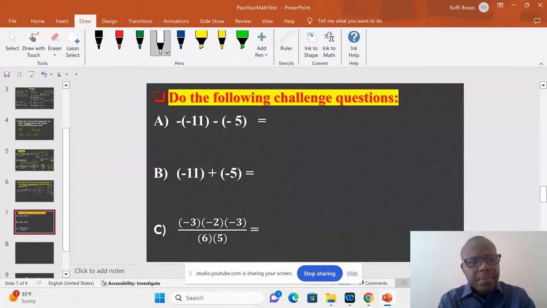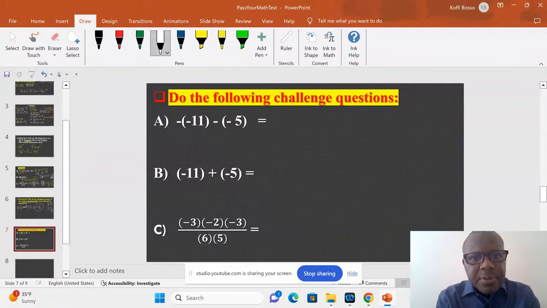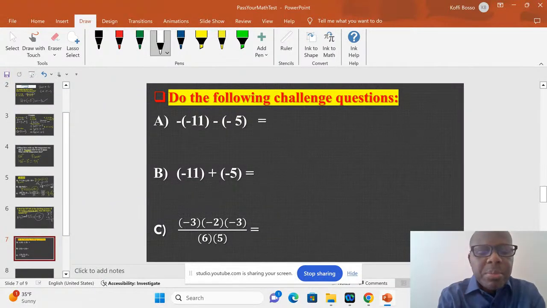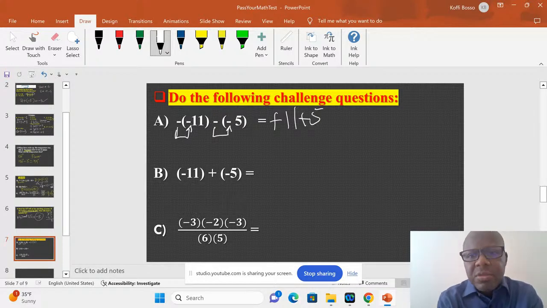Now here we have another type of addition and subtraction to do. So I'm going to remove the parentheses, but the negative sign here will hit this negative sign to turn it to positive. So it will be positive 11. This negative sign hits the negative sign, positive again, 5. So 11 plus 5 is 16.